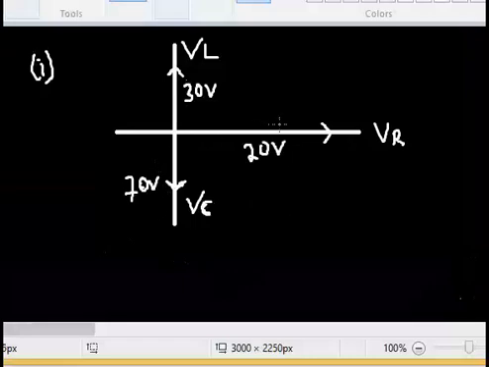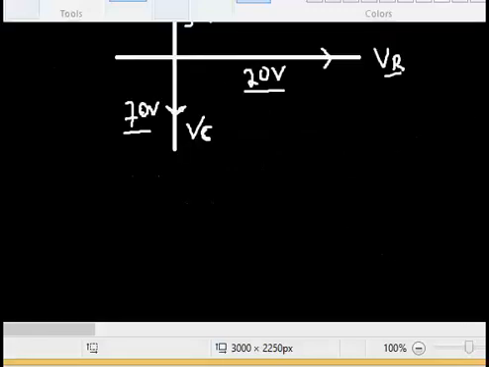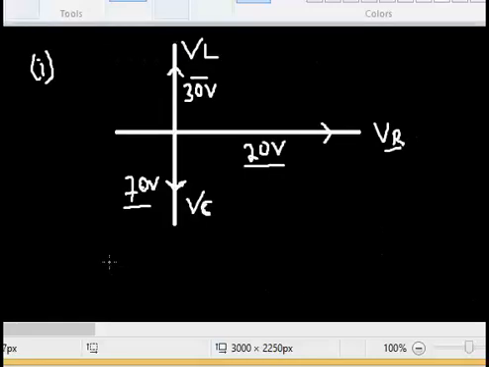This represents the RMS voltage across the resistor, this represents the RMS voltage across the capacitor, and this represents the RMS voltage across the inductor. So the combination of all of them gives me the RMS voltage of the source. That means V RMS is going to be the resultant, the vectorial sum of these.